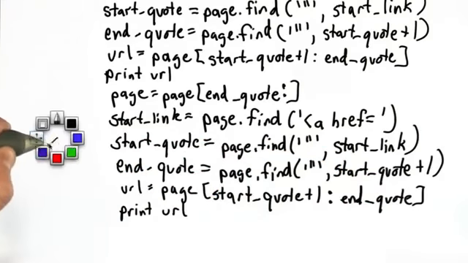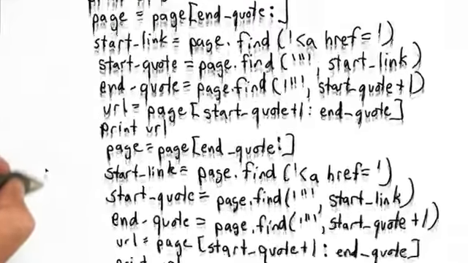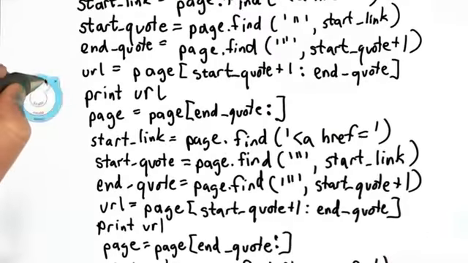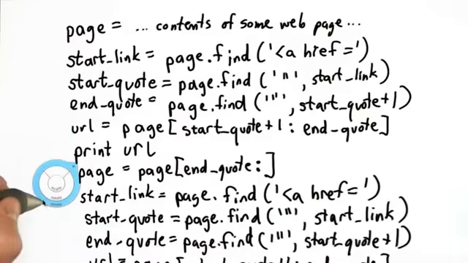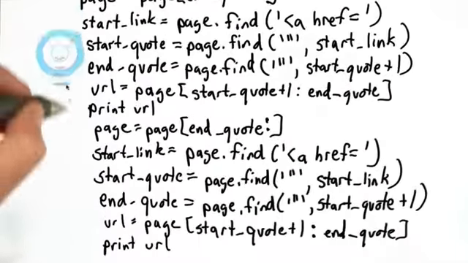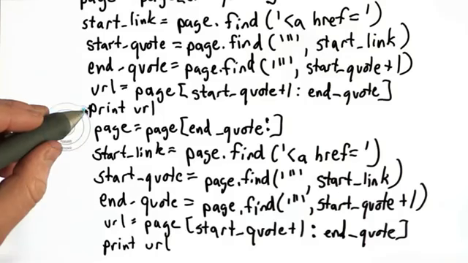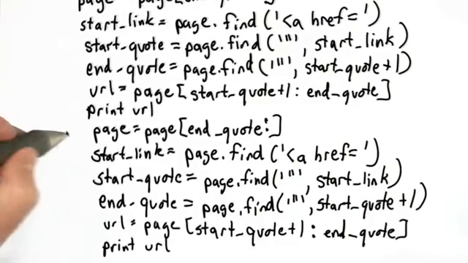So now we've got code to print out the first three URLs on the page. Let's scroll all the way up. So we print out the first one, keep going, print out the second one, keep going. So this can go on forever.